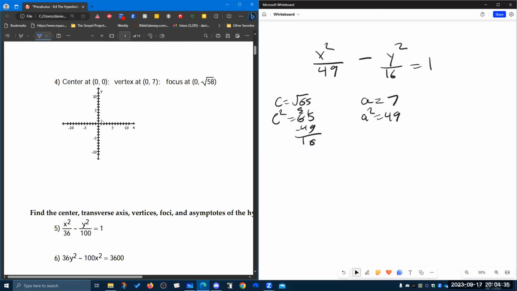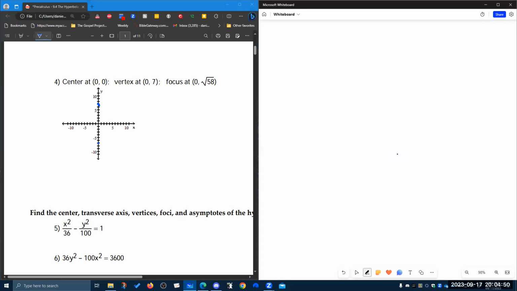Now our vertex is at 0, 7 and 0, -7. Our focus is at 0, square root of 58. So these are going to open up and down. So we need a 9 there to add to be 58.